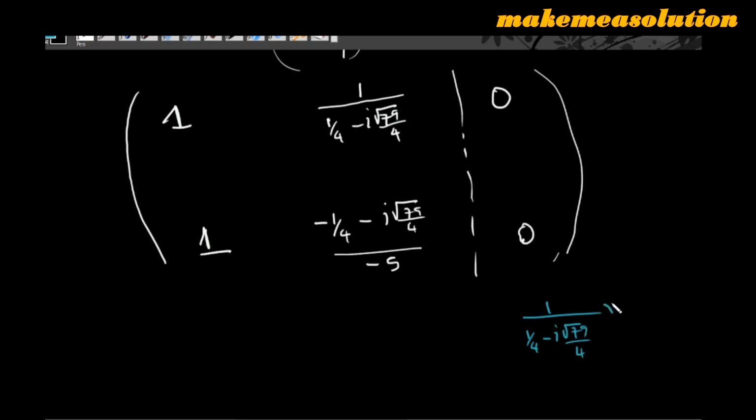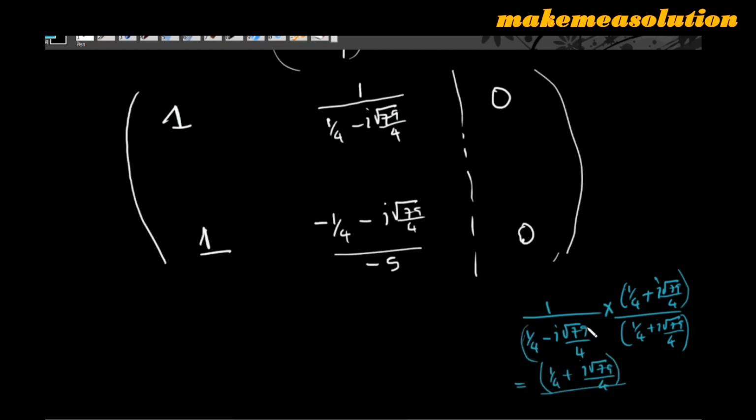But if you're good with complex conjugates, you can easily take a conjugate and multiply it up and down like this: 1 over 4 plus i root 79 over 4 divided by 1 over 4 plus i root 79 over 4.